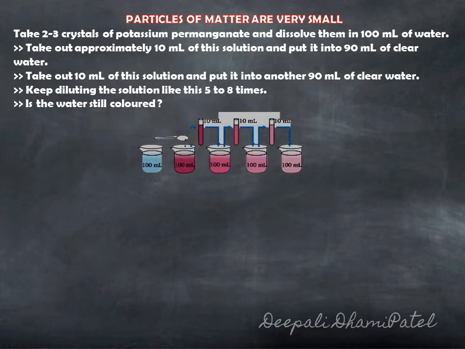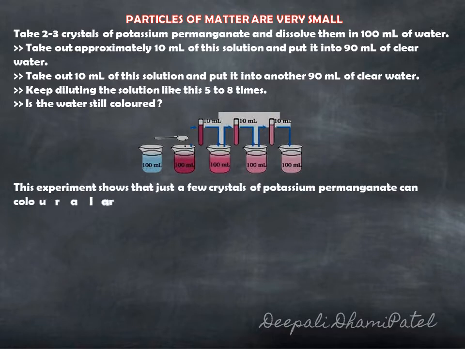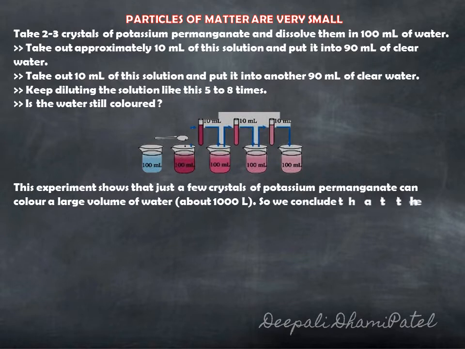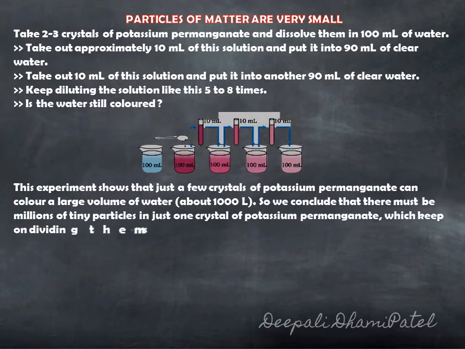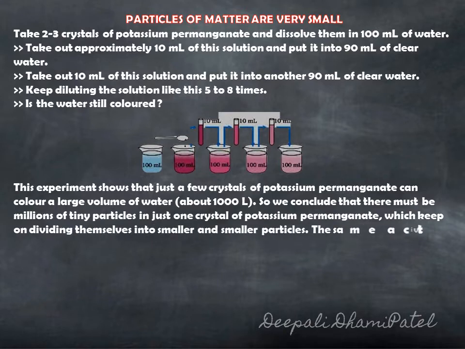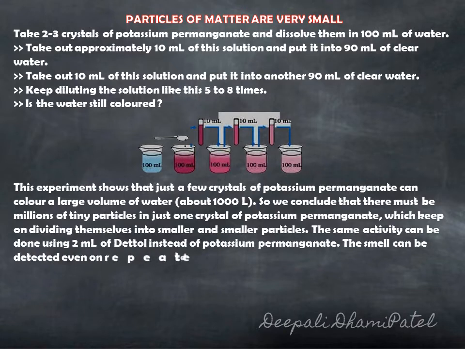It does not become completely clear like the first beaker of plain water, which shows that even a small crystal of potassium permanganate can color a large volume of water. From this we can conclude that there must be millions of tiny particles in one crystal of potassium permanganate, which keep on dividing themselves into smaller and smaller particles.